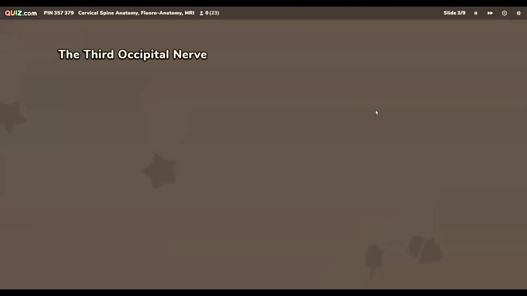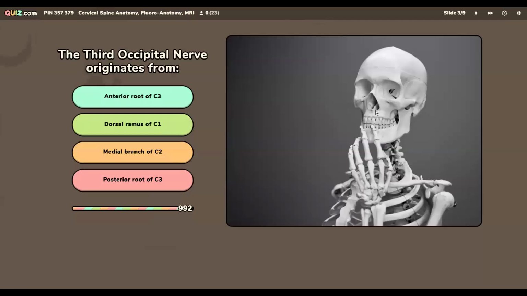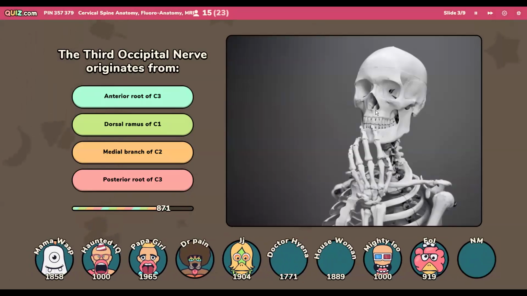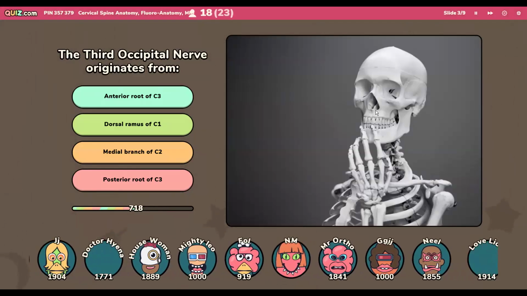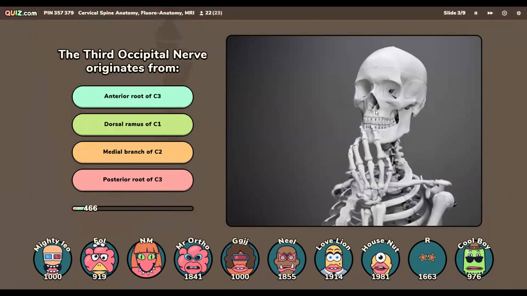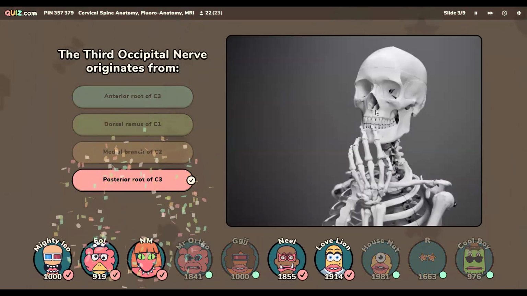The third occipital nerve originates from? Posterior root of C3.